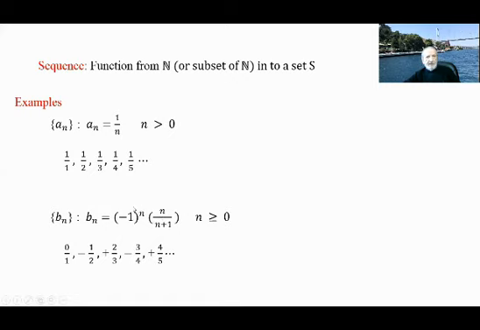We use this sometimes if we want alternating negative and positive terms, because when n is odd, you get -1, and when n is even, you get +1. And you get these terms here: 0 over 1, -1/2, plus 2/3, -3/4, plus 4/5, etc.